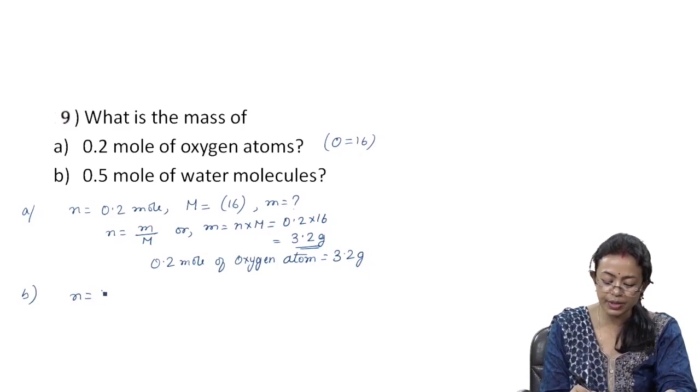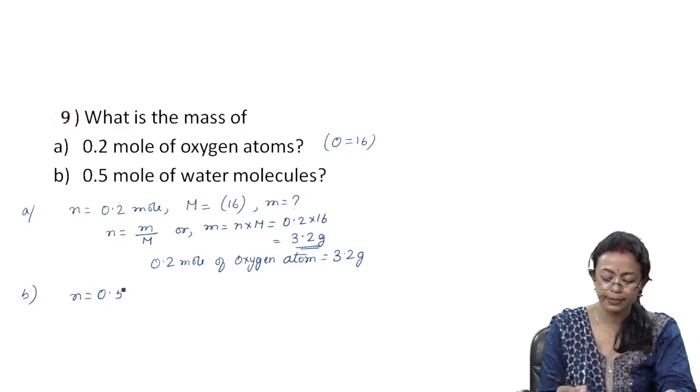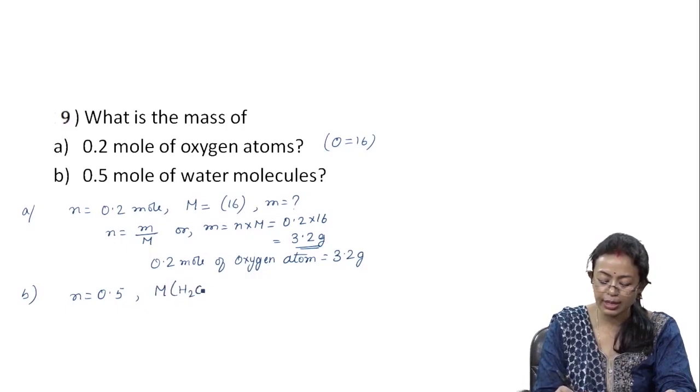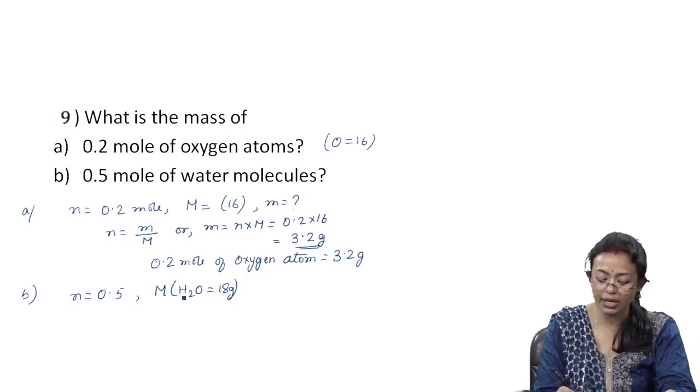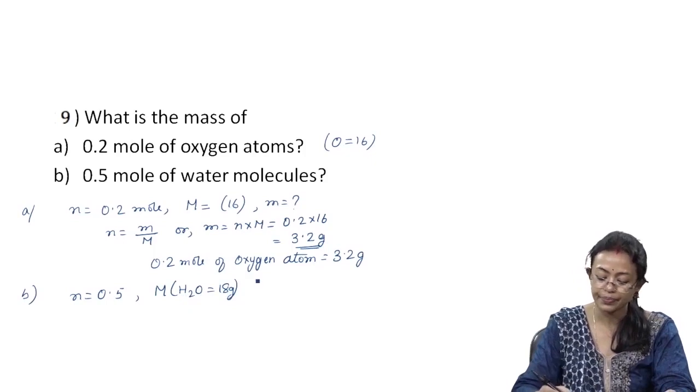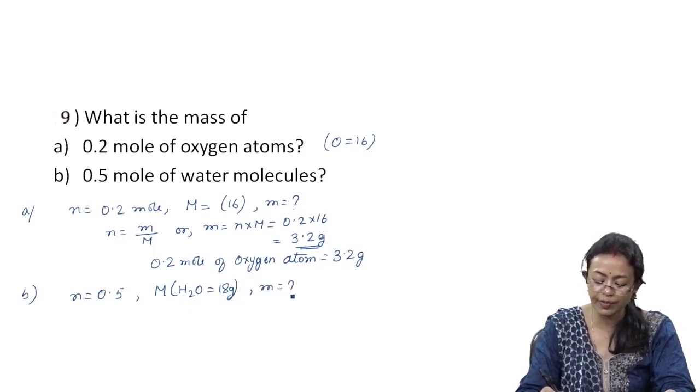For the next one, n is given to be 0.5. Okay. M of water molecule is equal to 18. How is it 18? Because hydrogen is 1, so we have 2 atoms. So 1 into 2, 2 plus 16, which is equal to 18 gram. And m is what we need to find out.